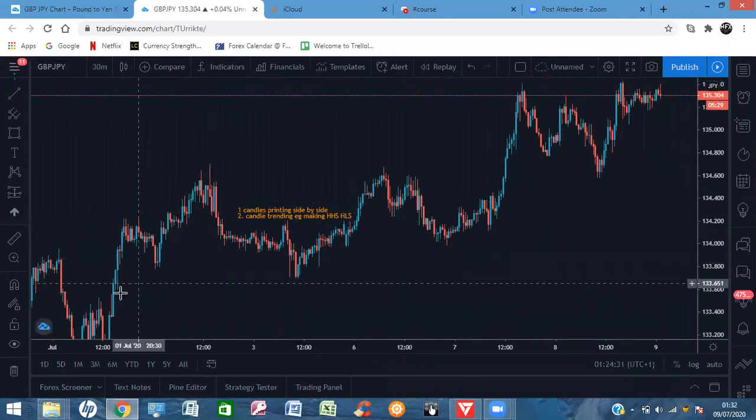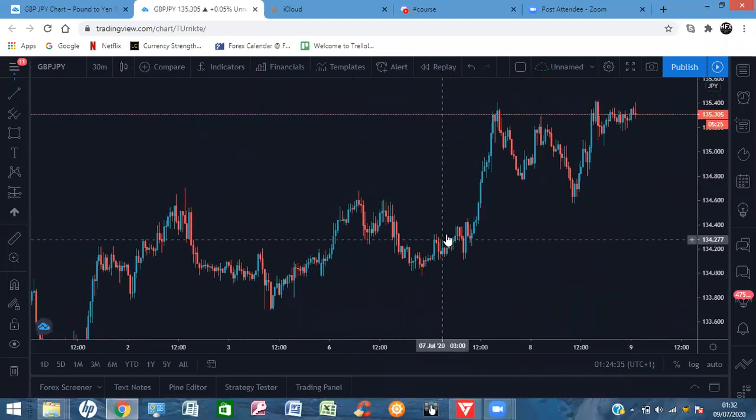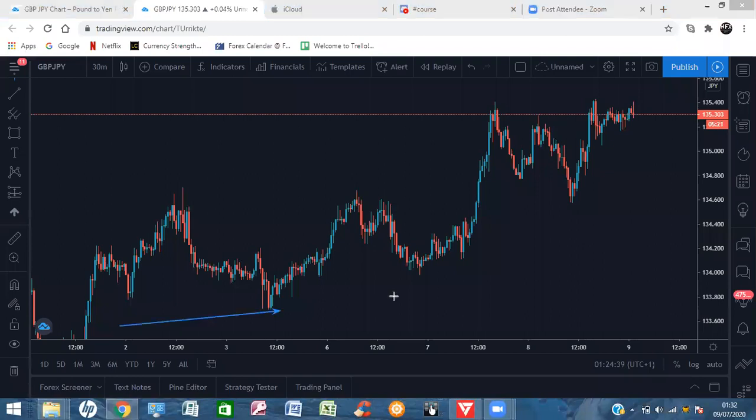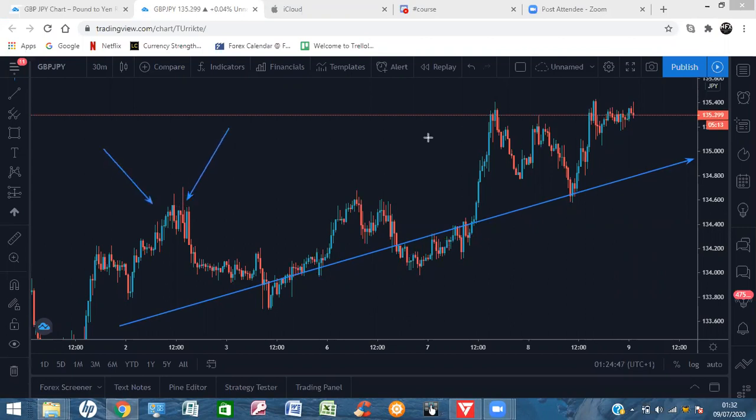If we zoom out on GJ right now, even just looking at the 30-minute, we can say that we are in a bullish uptrend based on the higher time frames. If you look, we've got a higher high, another higher high, and then a higher high again, and we're making higher lows, higher lows, higher lows.